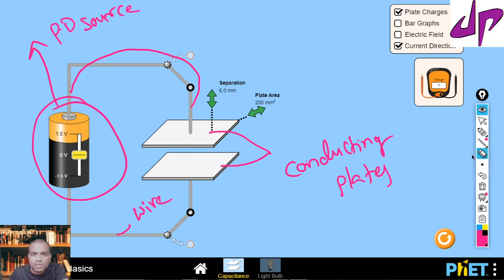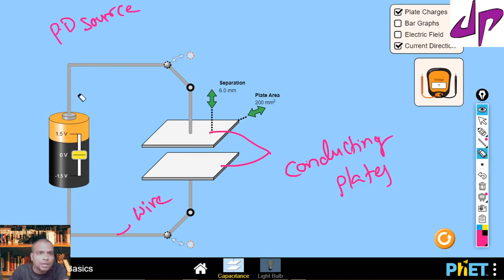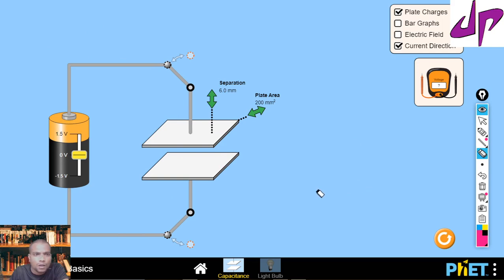If you look closely, the connections are made, and the battery is at 0 volt potential. Here I also have the option to disconnect the conducting wires.